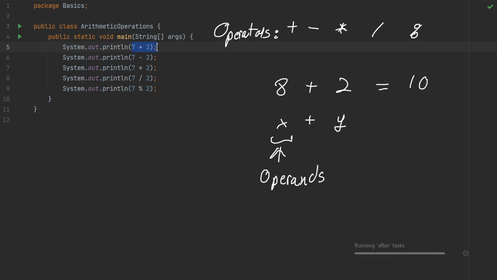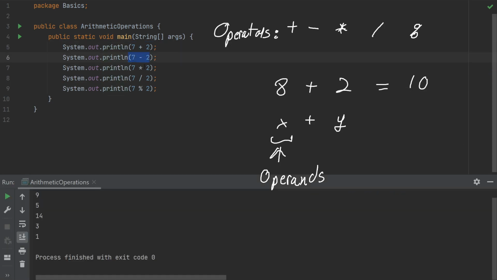So 7 plus 2, 9. 7 minus 2, 5. 7 times 2, 14. Now, this is where it gets interesting, where we get to this division. So 7 divided by 2, normally you would get 3.5, right? 3.5 times 2 would give you 7.